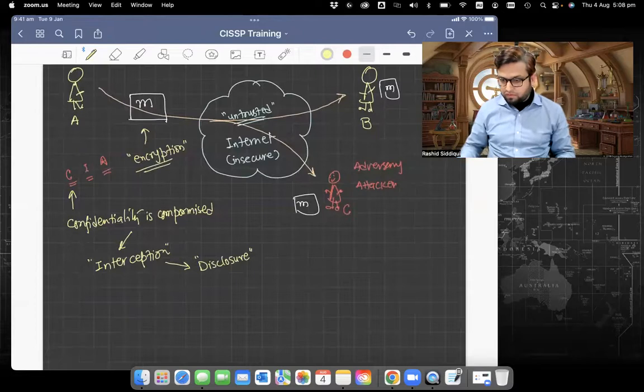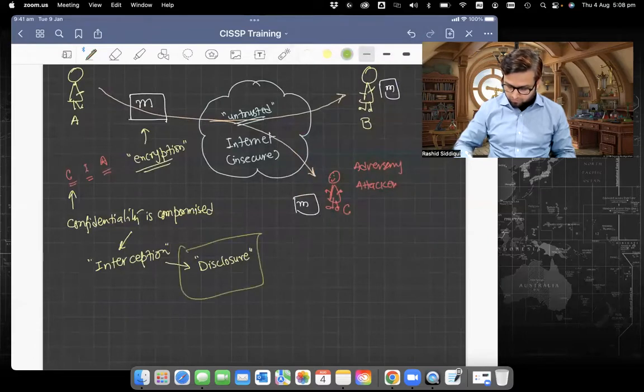If we had encrypted this message, then this disclosure could have been prevented, if there was encryption.